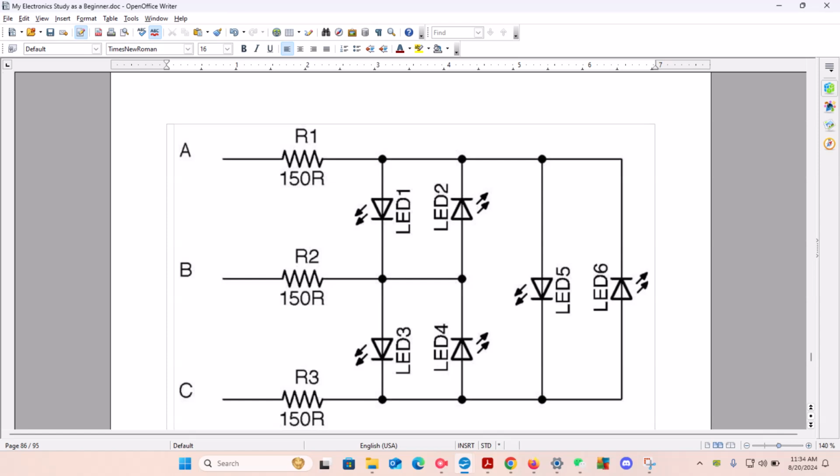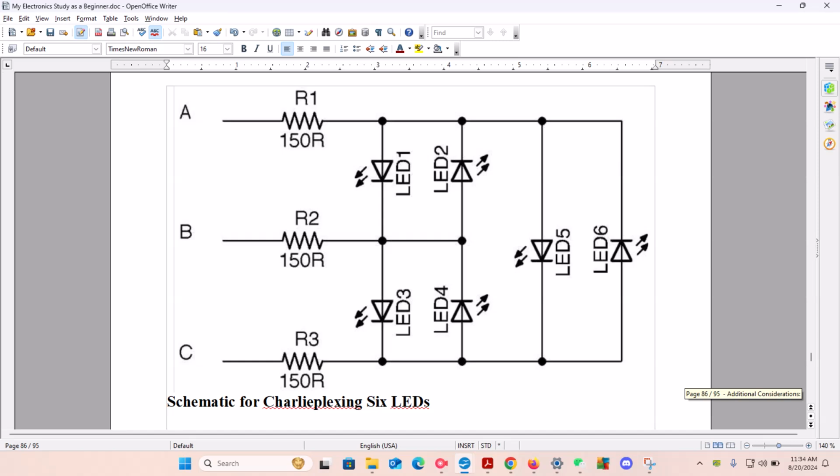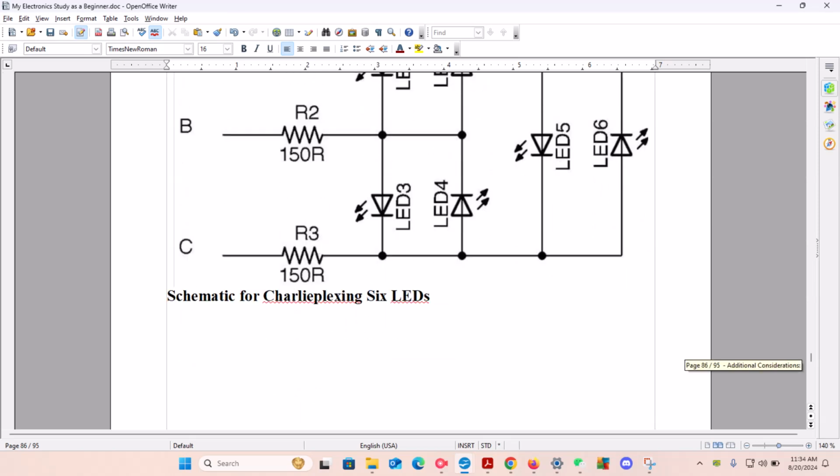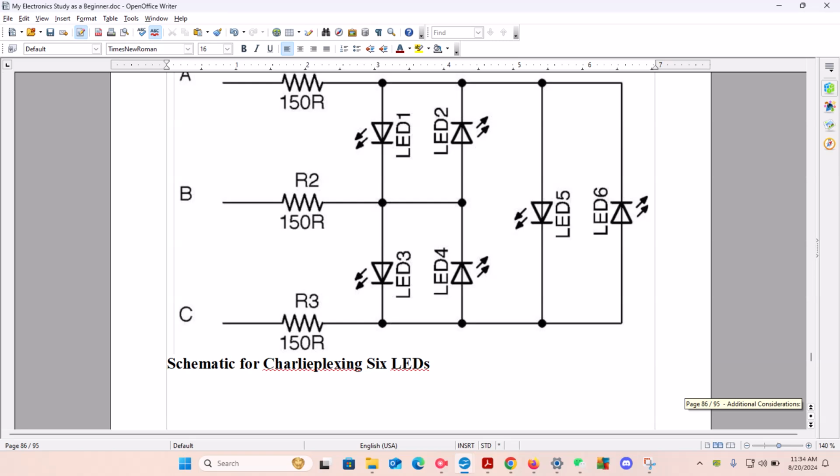Now, with 5 and 6, both LED 2 and LED 4 are pointing away, and now at resistance 2, we go with LED 2. You notice that this resistance will be going to LED 5 and LED 6.